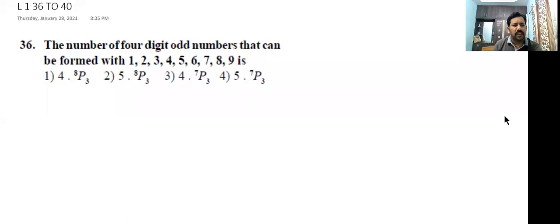Question 36. Read the question. The number of 4-digit odd numbers that get formed with 1, 2, 3, 4, 5, 6, 7, 8, 9. They are given 9 digits. By using 9 digits, we want to form 4-digit odd numbers.